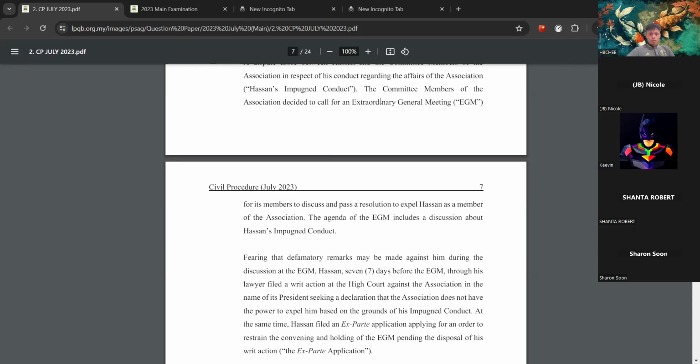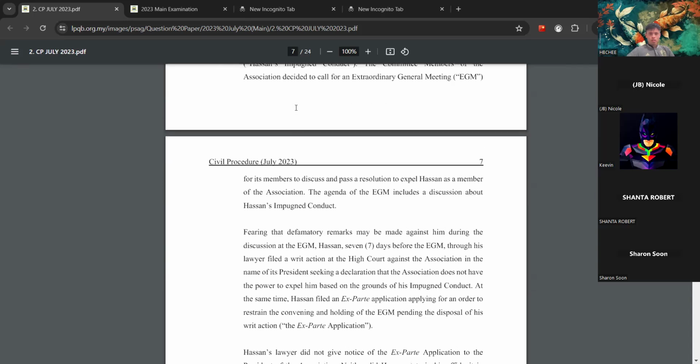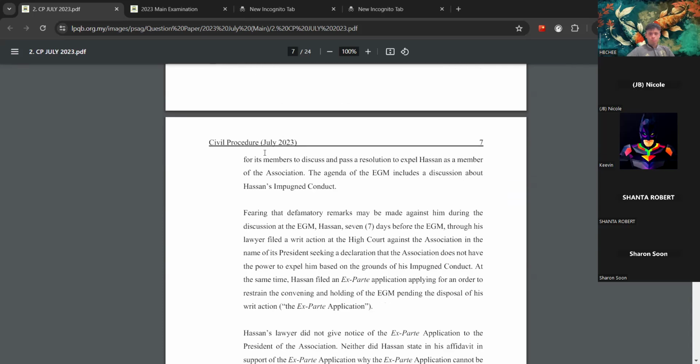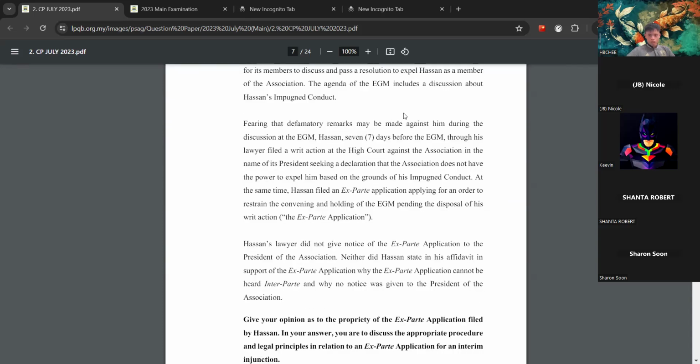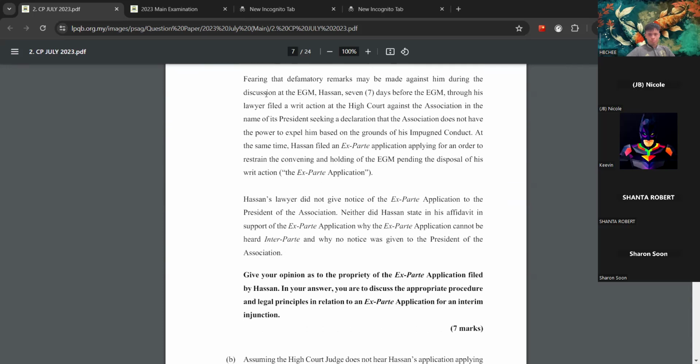The committee members decided to call for an EGM for members to discuss and pass a resolution to expel Hassan as a member of the association. The agenda of the EGM includes a discussion about Hassan's impugned conduct.